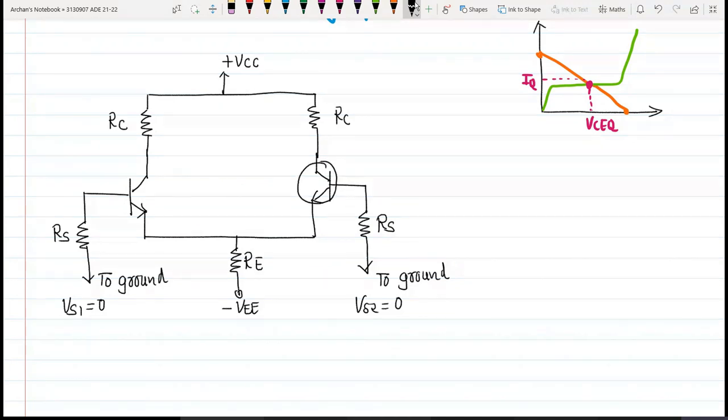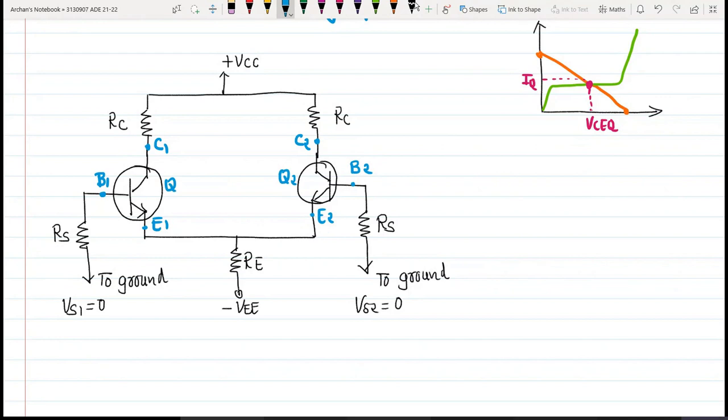Let us call this Rs only. So this is my complete DC equivalent circuit. This is base B1, collector C1 and emitter E1 of transistor Q1. This is collector C2, base B2 and emitter E2 of transistor Q2.